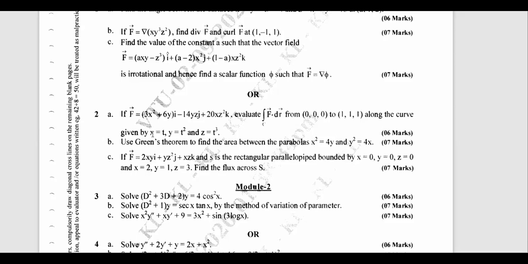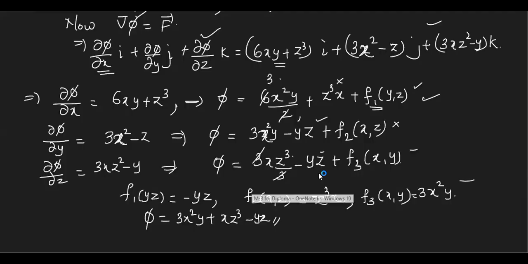Write it: x equal to t, y equal to t square, z equal to t cube. Can you tell me how t is varying from? Zero to 1. Yes, take it and just solve.